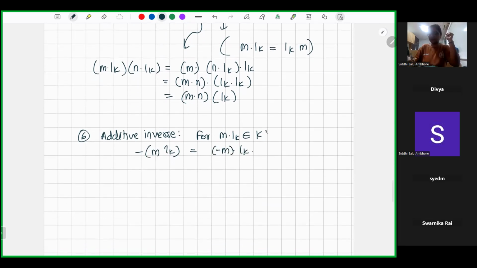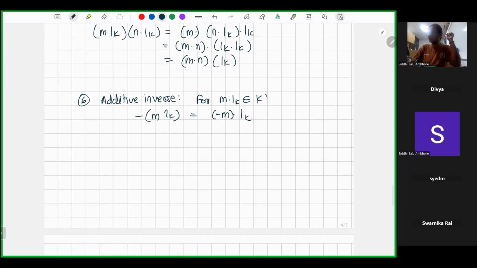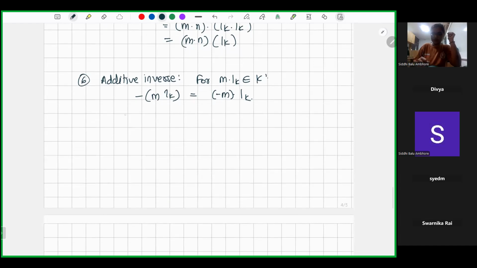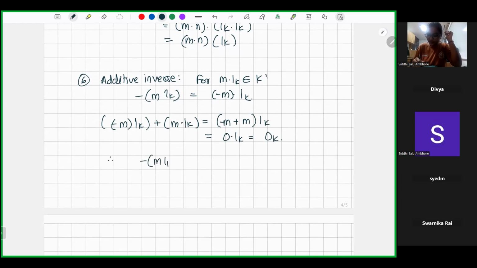That's not really special, but because this minus m into 1k plus m into 1k will be minus m plus m, times 1k, and this will give me 0 into 1k, and that, we know, is 0k. So therefore this minus of m1k is minus m into 1k.